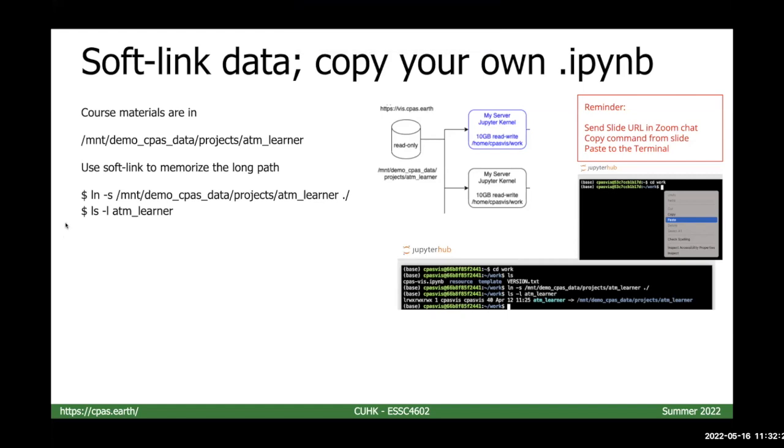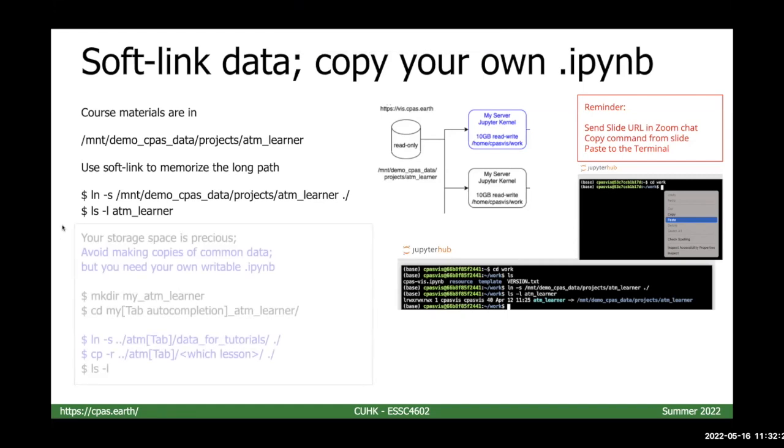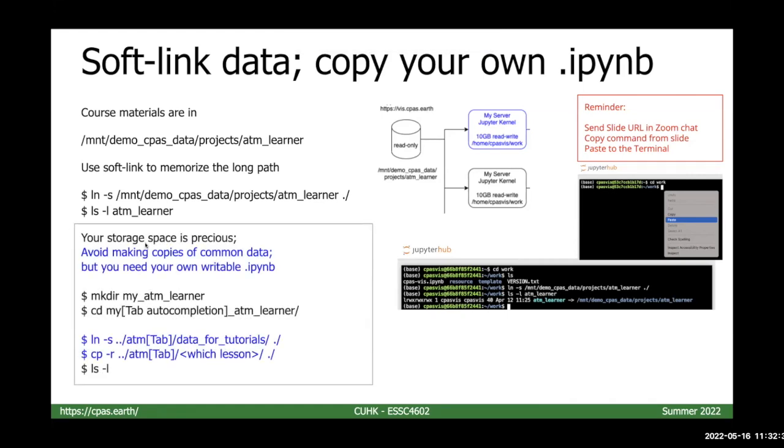And you do more things than read only Jimmy's sharing. So you have to make your own folder, which will be named My ATM Learner, and then you will write your Python notebook .ipynb files.